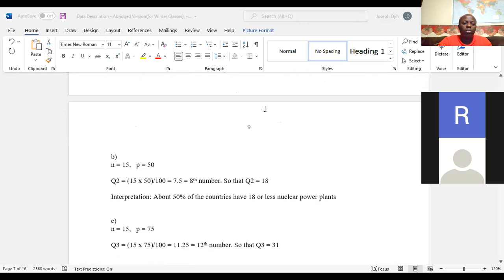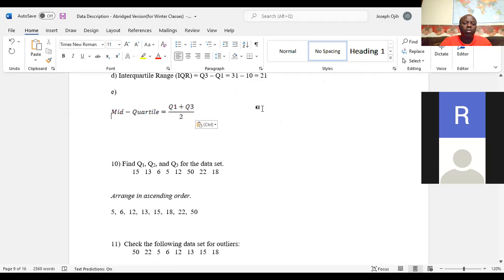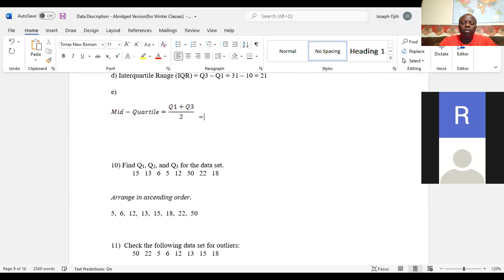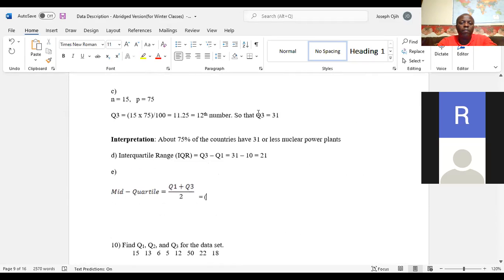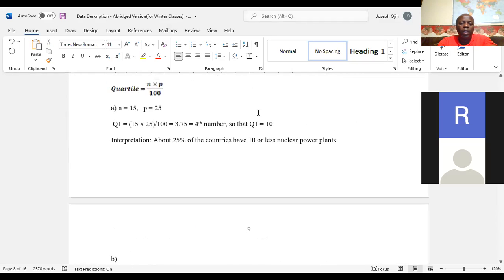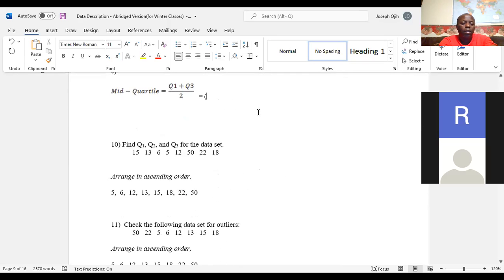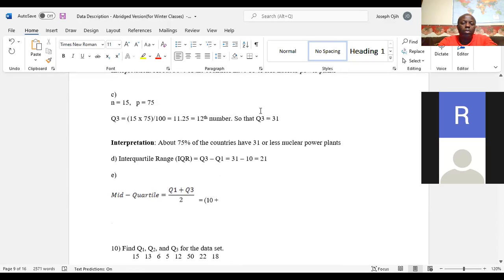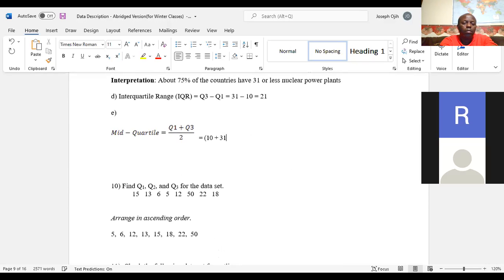So mid quartile is Q1 plus Q3 divided by 2, which means Q1, our first quartile, is 10, plus our third quartile, 31, and we divide our answer by 2.